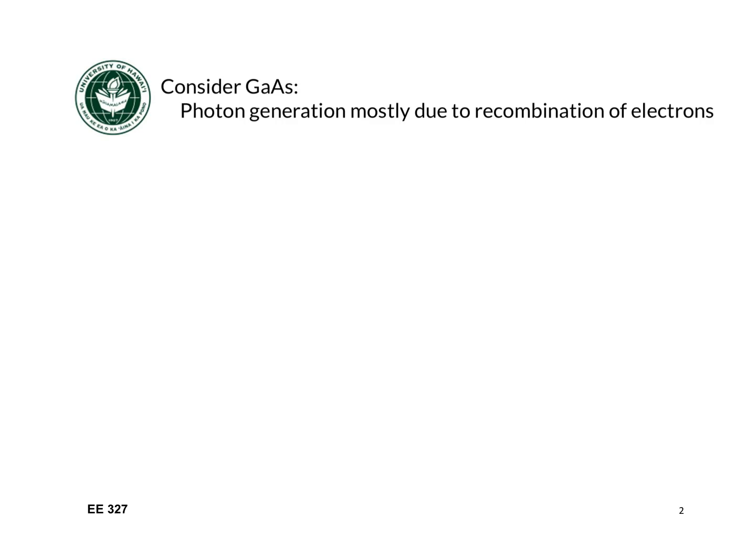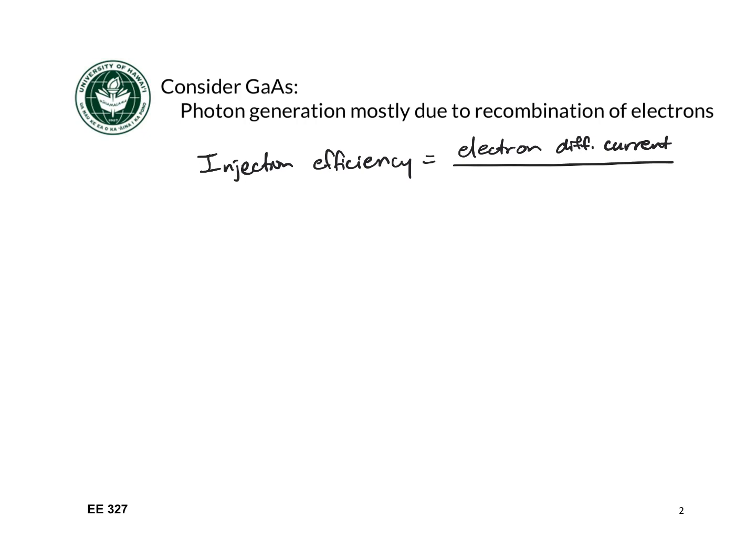In order to do that, let's first define something called the injection efficiency. For this example, the injection efficiency is going to be the electron diffusion current expressed as a ratio to the total current in the p-n junction.